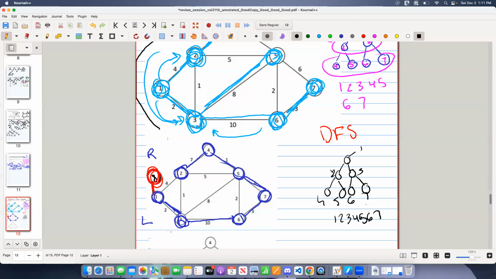And if he says do DFS on this tree, well, think, what is the depth first search? We're going to travel all the way through, and then we're going to go back, and then travel all the way through again, and go back.